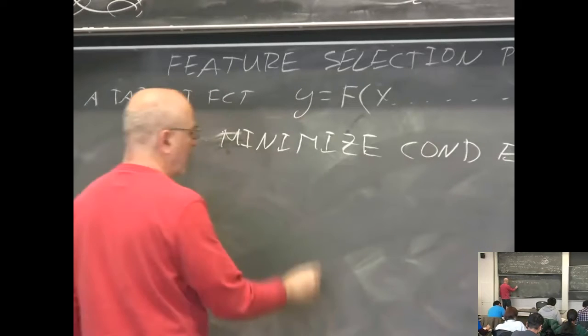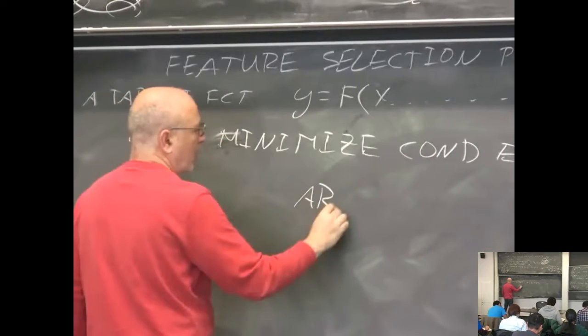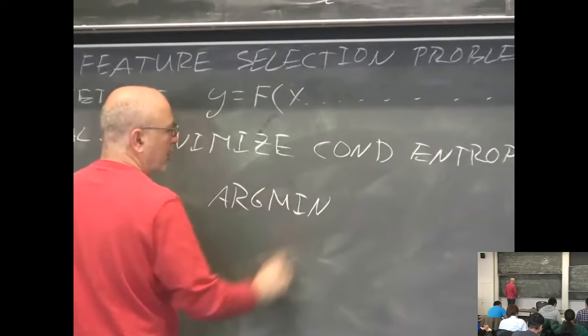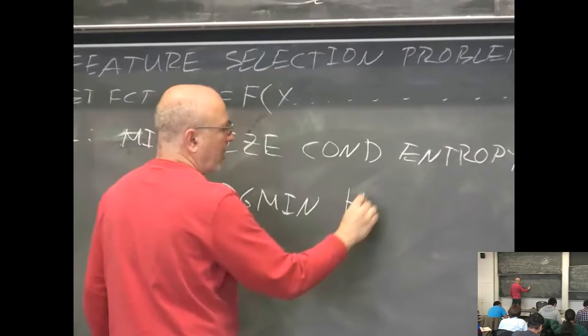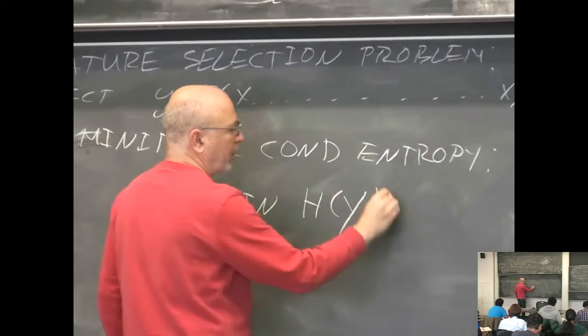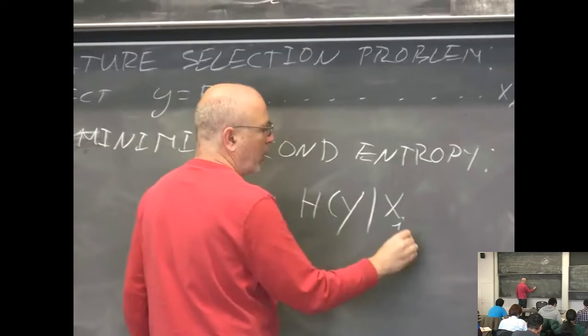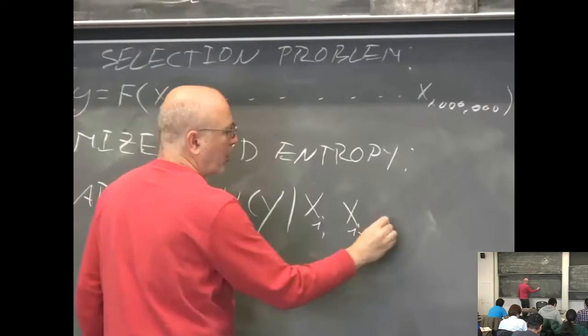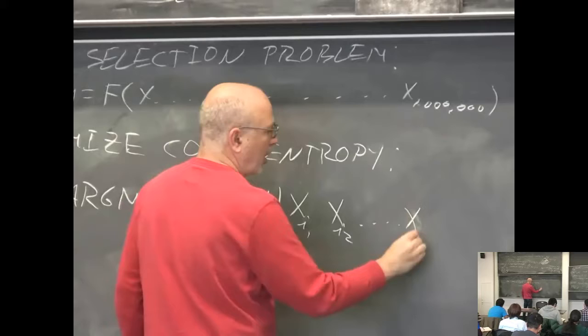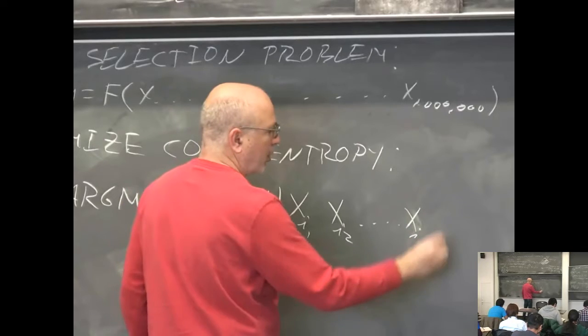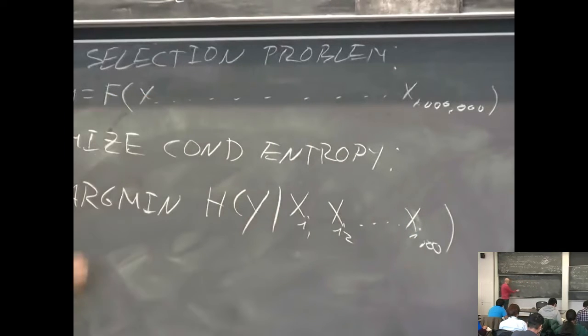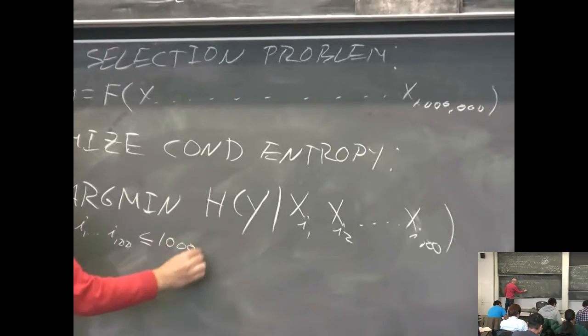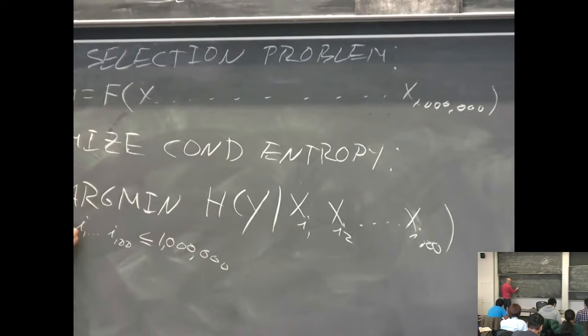The formula: find the argmin of the entropy of Y conditioned on x_i1, x_i2 through x_i100, say 100, over all indices i1 through i100 between 1 and 1,000,000.